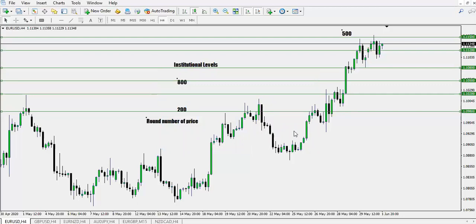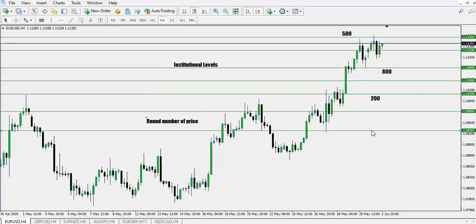As you can see, these are the institutional levels. We've got our 500 at the top here, then our 800, and then our 200 right over here. We also have what I said is called the round number price. The round number price would be a price that is exactly on the zero level.